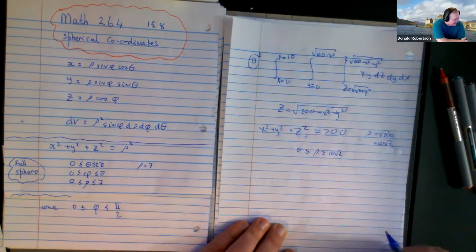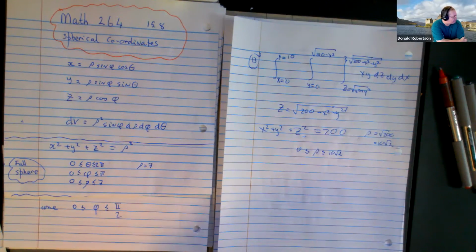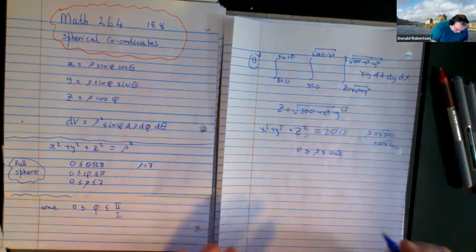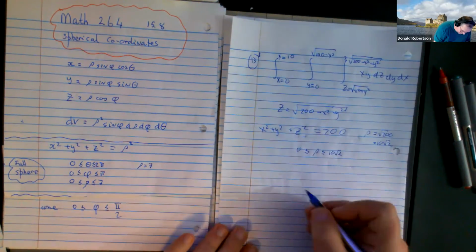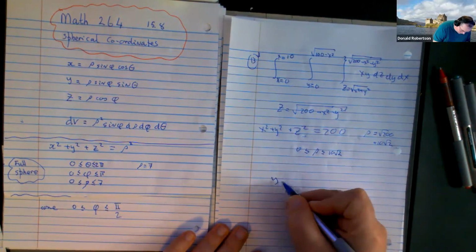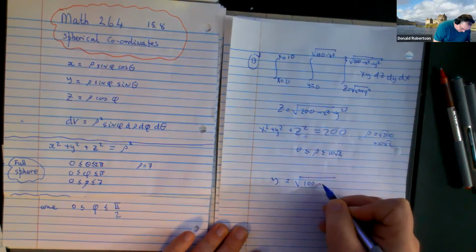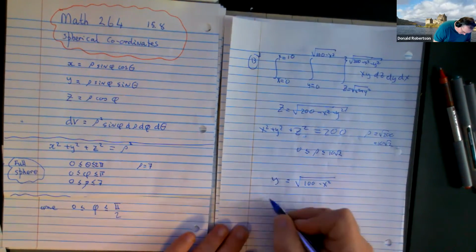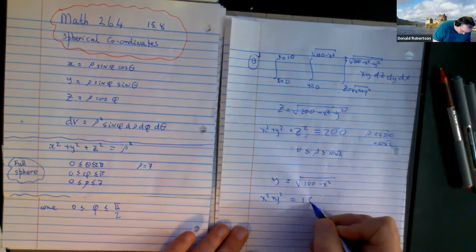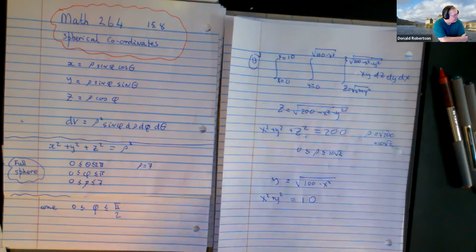Now, there isn't anything remarkable going on here directly until we get to the y guys. So let's see what happens here. Y equals this fella. And if I rearrange this, don't I get x squared plus y squared equals 100? Great.